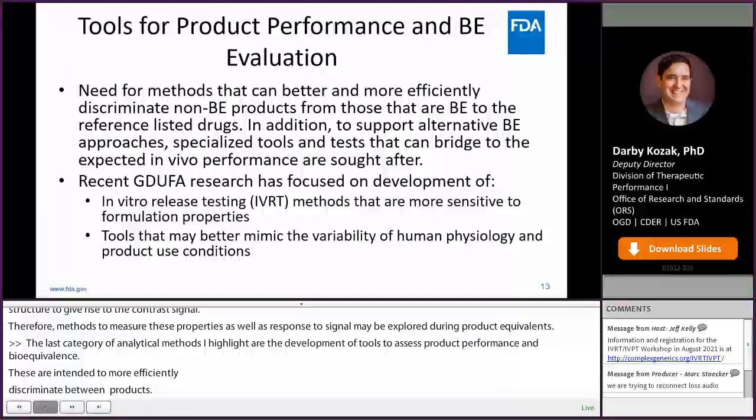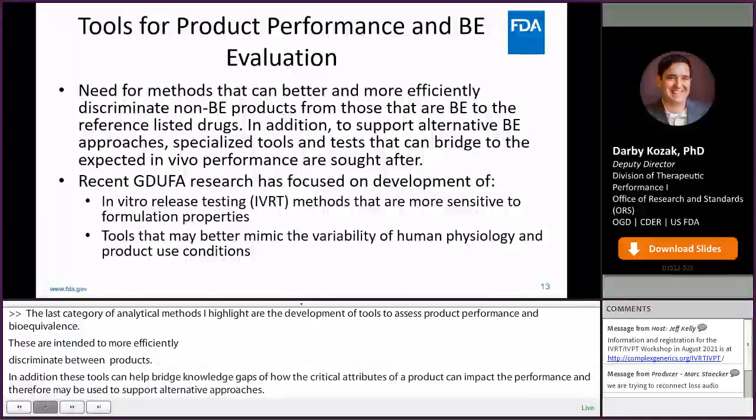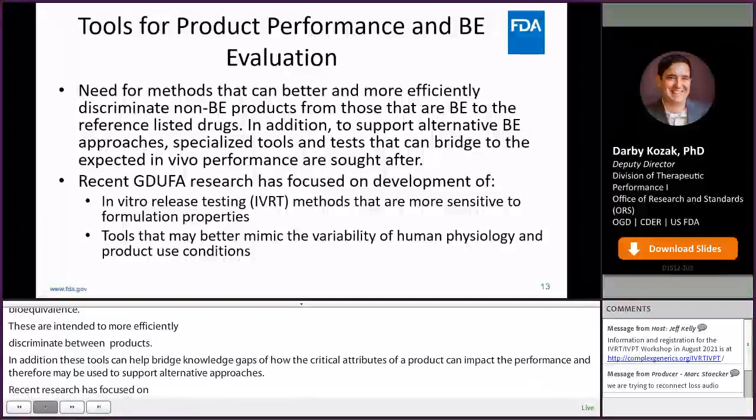Recent GDUFA research has focused on developing more sensitive and discriminatory in vitro release testing methods, as well as tools that may more accurately mimic the variability of human physiology and product use conditions, which may also be used to support equivalence.